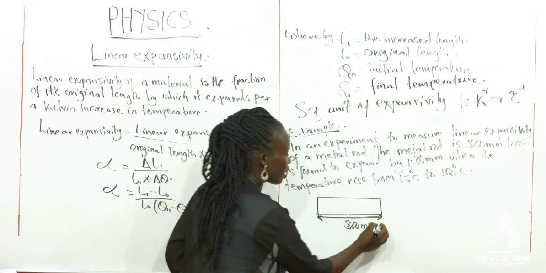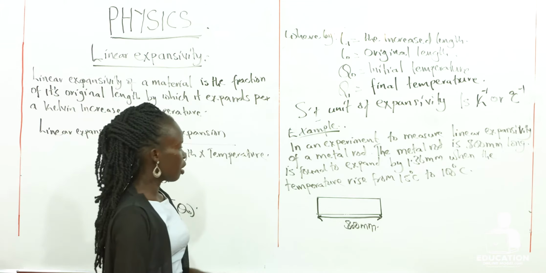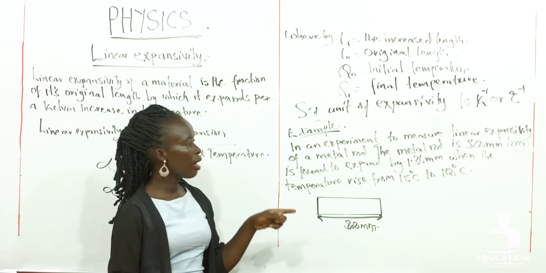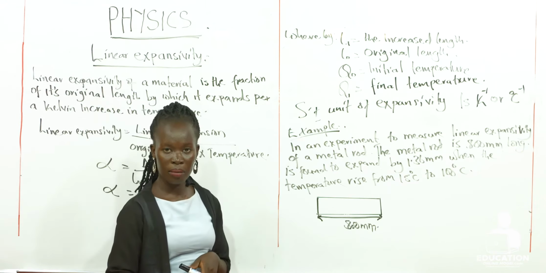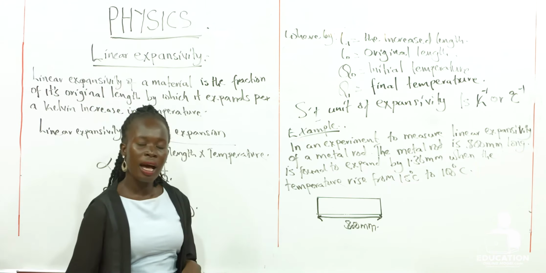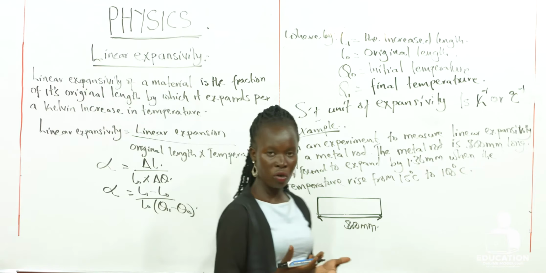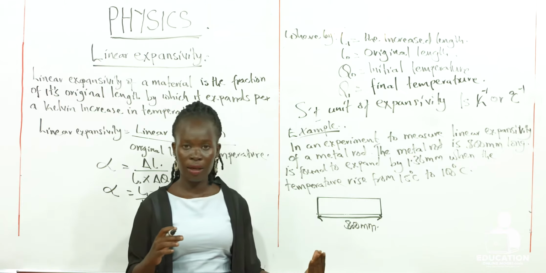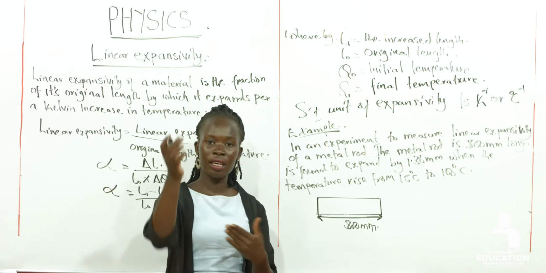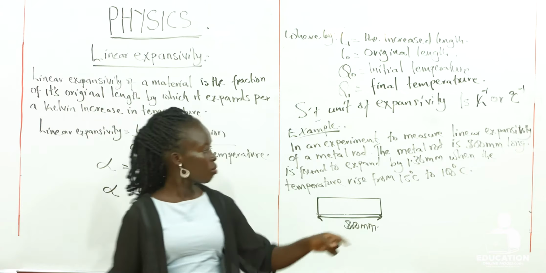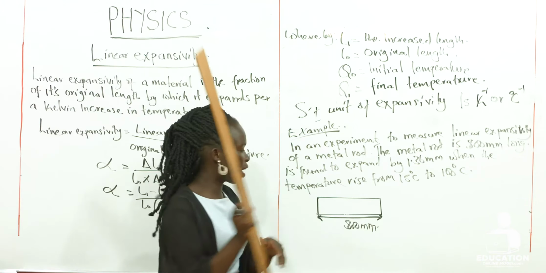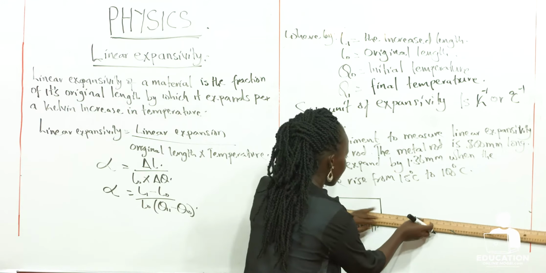So if it is 800 millimeters long, they're saying it is found to expand by 1.36 millimeters. So meaning that after heating this metal rod, it did not maintain its length, but it increased in length, and it increased by that value there. So instead of it remaining to this length, there was an increase here.